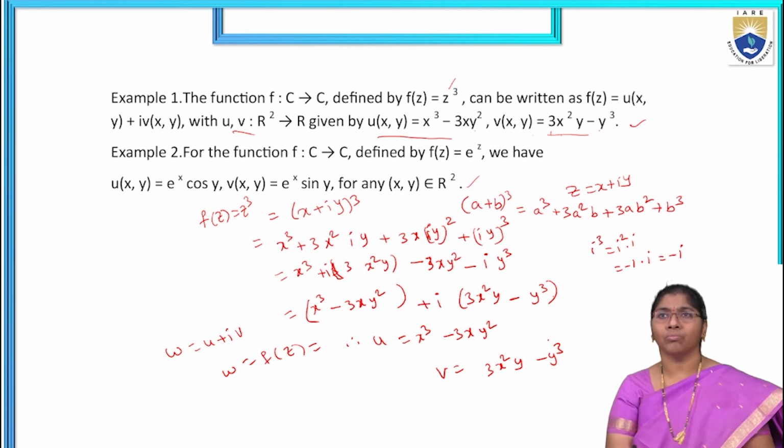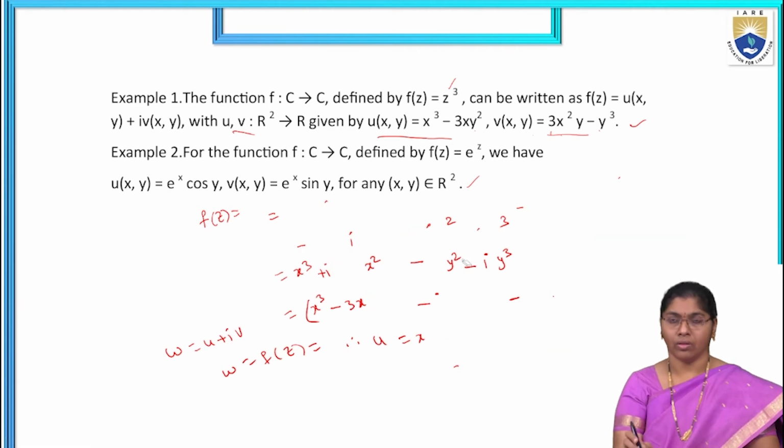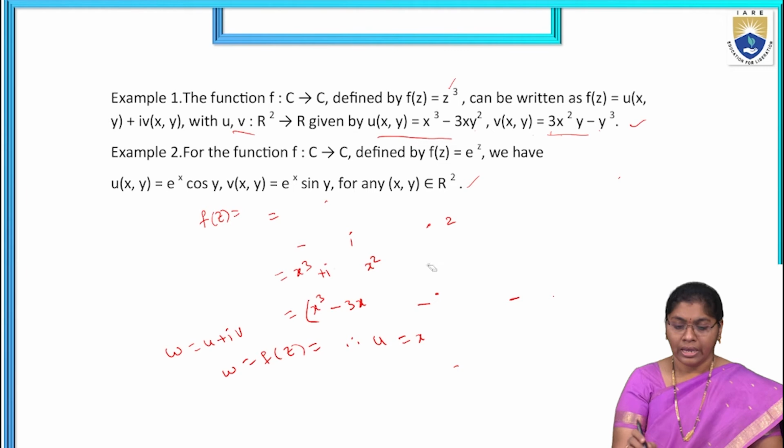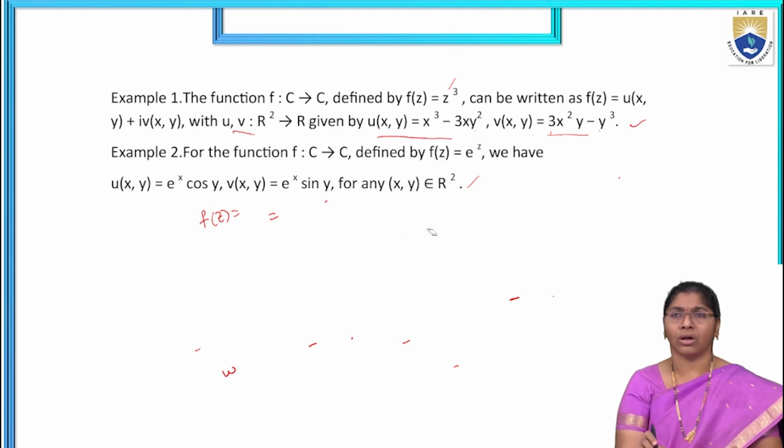Similarly, e power z also. For e power z, here we are considering w equal to f of z equal to e power z, with z equal to x plus iy. I am substituting that part.